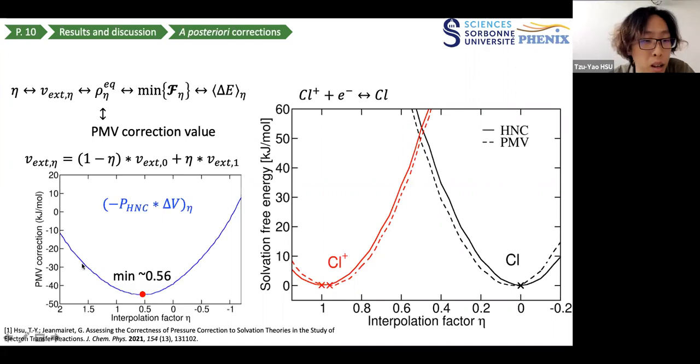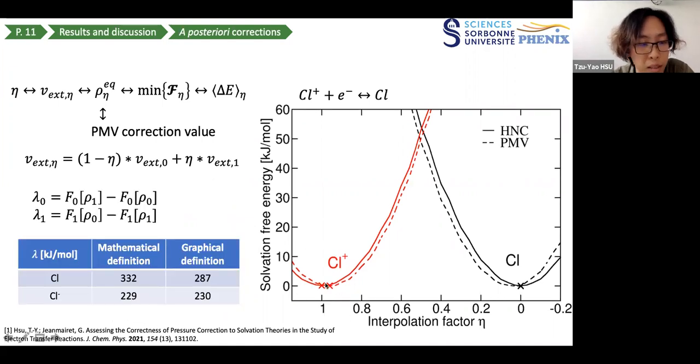We can also plot the PMV correction value with respect to the interpolation factor. We can see here that the minimum sits at around eta equals 0.56, which means that states other than equilibrium solutions might have lower free energy upon adding the PMV correction value to their solvation free energy. And the shift in the minimum also affects the determination of the solvent reorganization free energy.